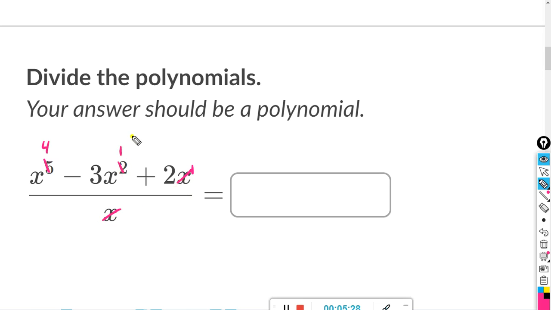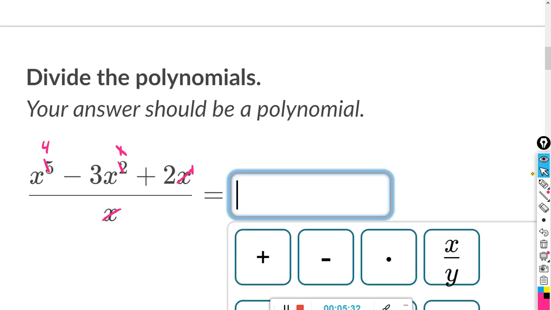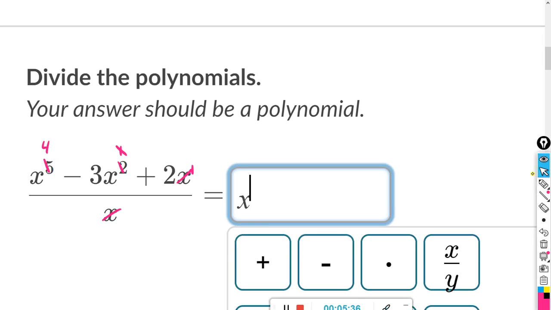And you don't need to write 1 as an exponent. So that's it. X to the 4th. Hit the right arrow key, minus 3x, and plus 2. All right, just be careful you don't cancel the coefficient.